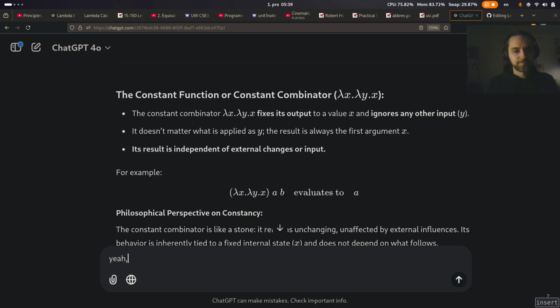I think the confusion comes from not expecting the curried form of the function application.